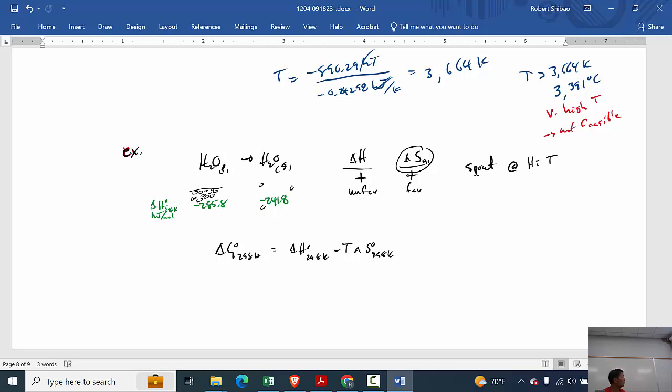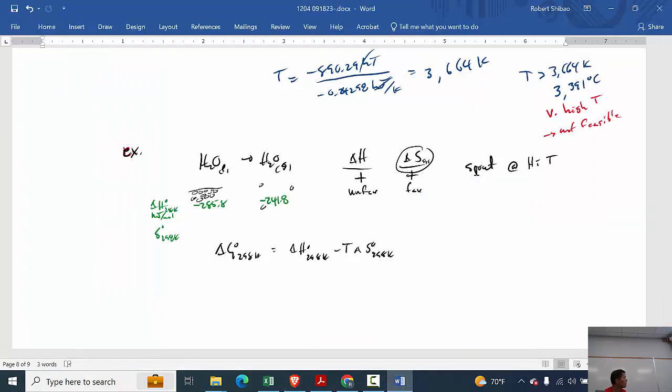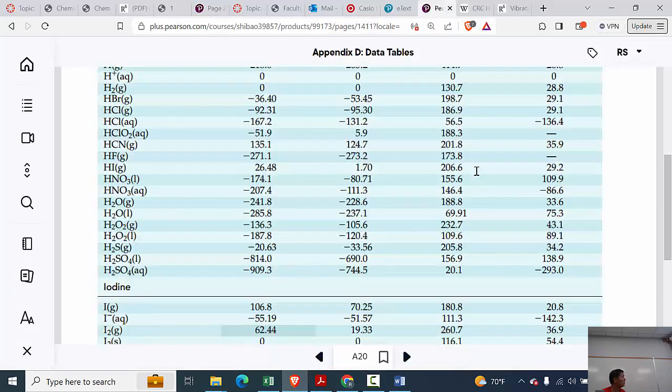And then we have the absolute entropy at 298 Kelvin. For H2O liquid, the absolute entropy is 69.91. And for H2O gas, 188.8.